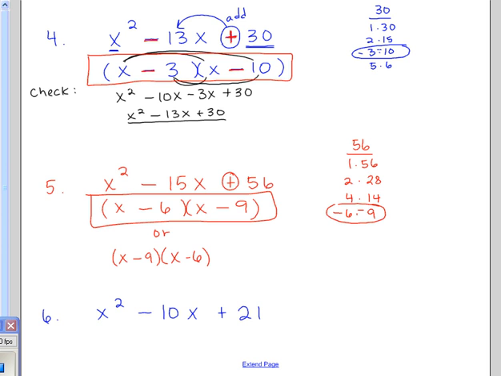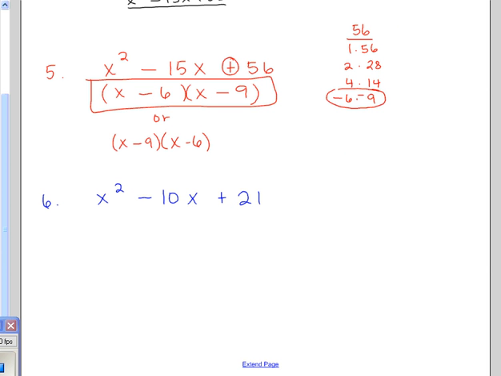Okay, number 6, we have x squared minus 10x plus 21. There's not a common factor. I'm beginning with x squared, so I'm going to have x times x. Look at the constant. I have 21. Positive 21 means I want to find two numbers that multiply to be 21 and add to give me negative 10.